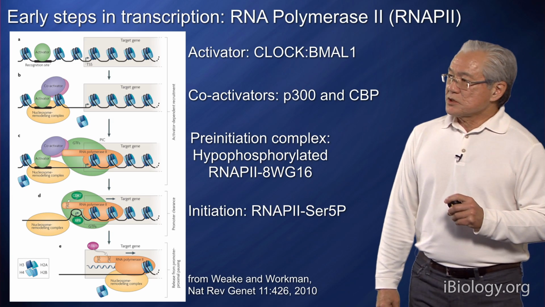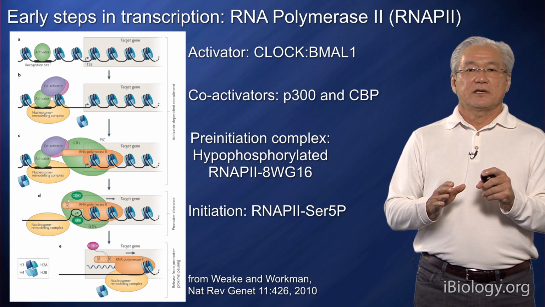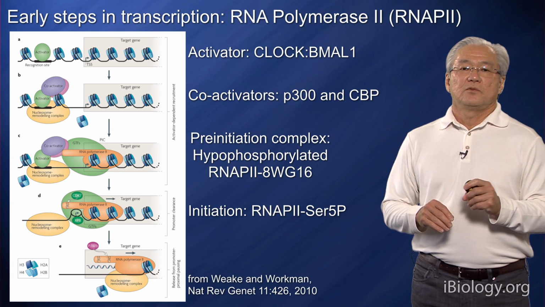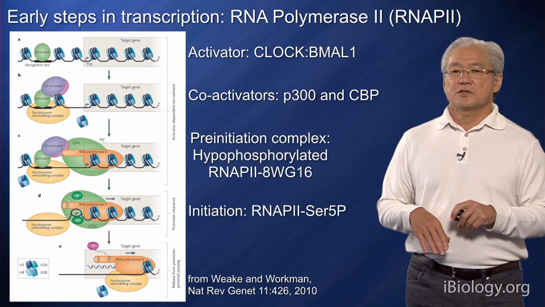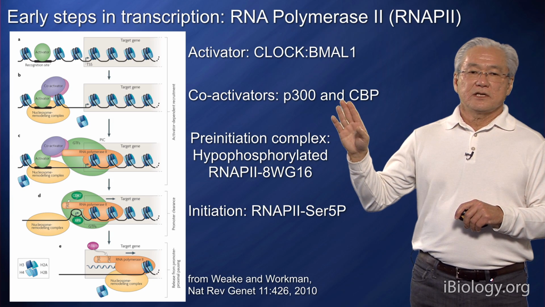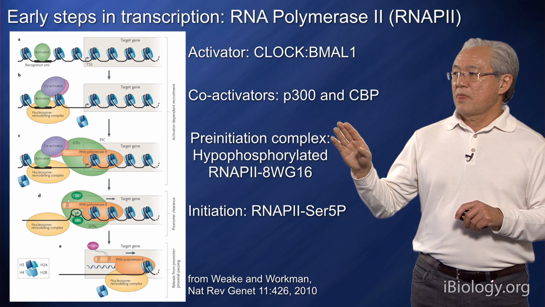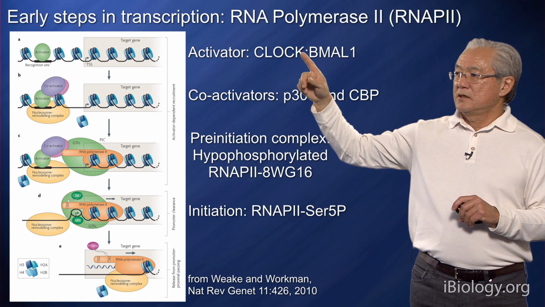Okay, so because of this burst of transcription that's happening at CT15, we're very interested in trying to understand what might be regulating this. And so we wanted to then look at the early steps in transcription by RNA polymerase II, shown up here.